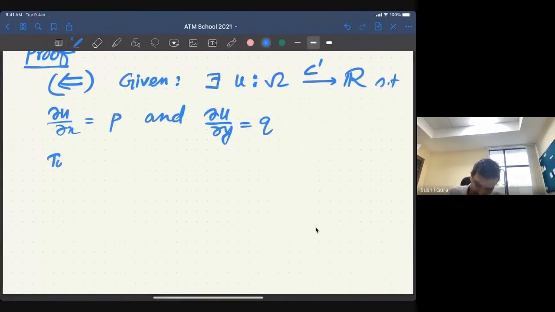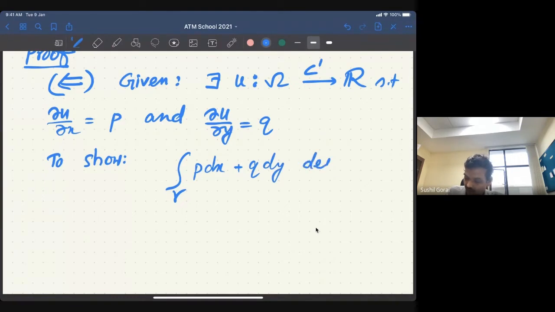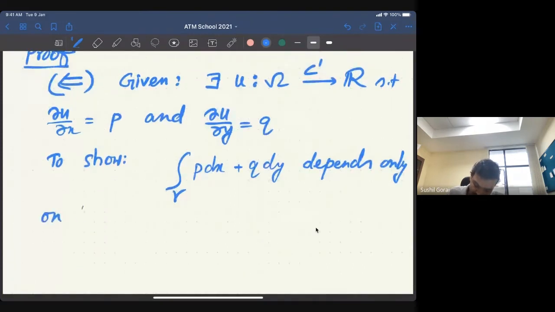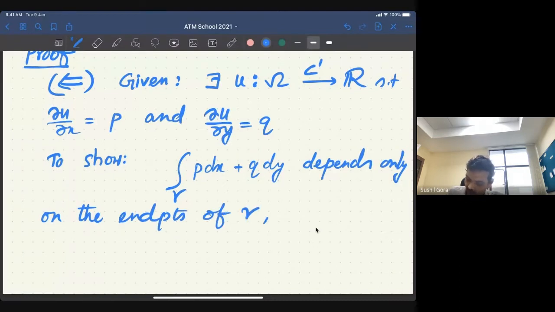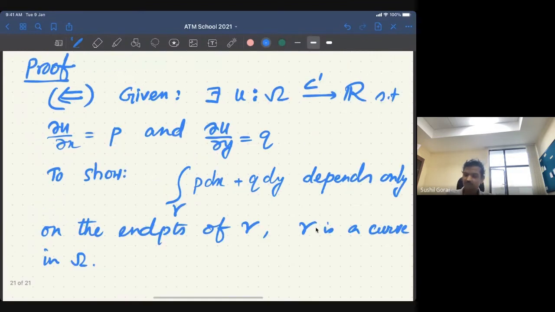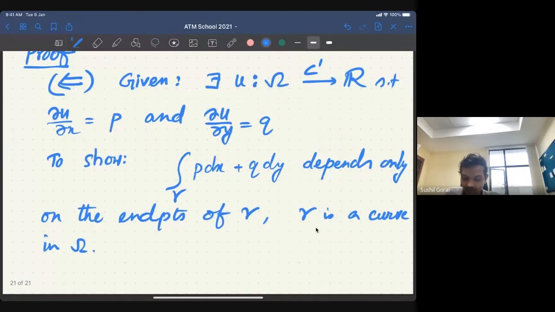To show that the integral over gamma of p dx plus q dy depends only on the endpoints of gamma, where gamma is a curve in omega. So you are given a function where del u by del x is p and del u by del y is q, and you have to show this integral depends only on the endpoints of gamma. All right.